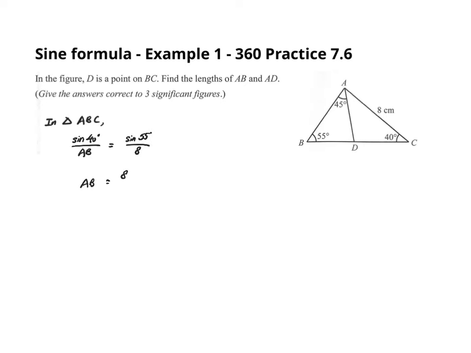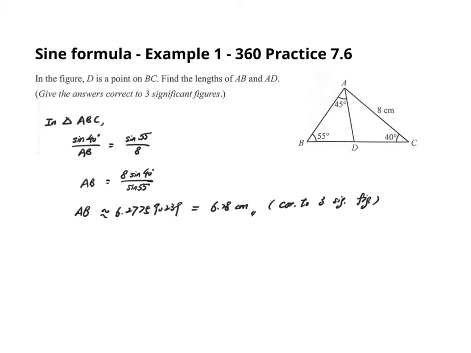So AB is 8 times sine 40 degrees over sine 55. So AB is 6.277590239. It is 6.28 cm, correct to 3 significant figures.